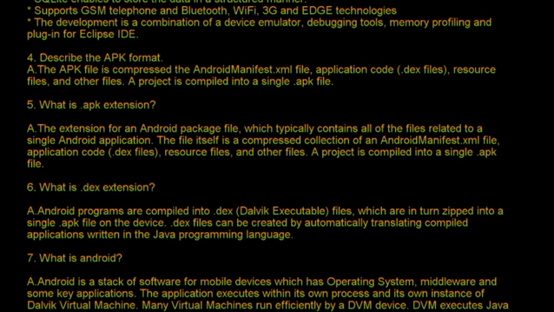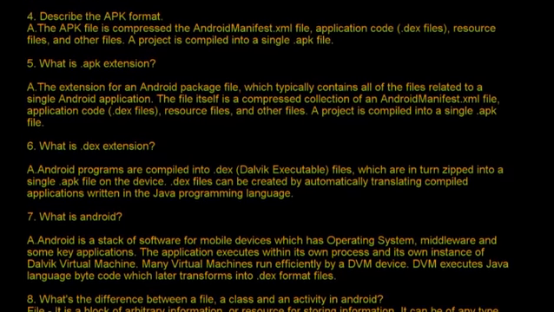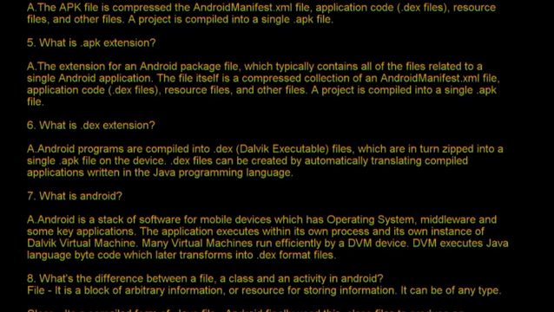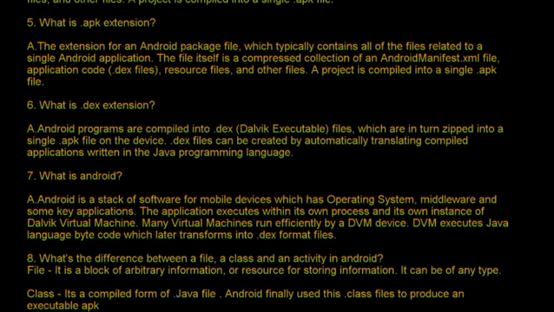6. What is the .dex extension? Android programs are compiled into .dex executable files, which are in turn zipped into a single .apk file on the device. .dex files can be created by automatically translating compiled applications written in the Java programming language. 7. What is Android?